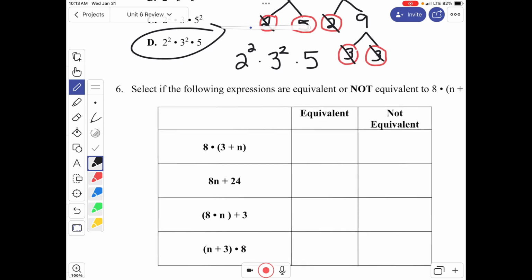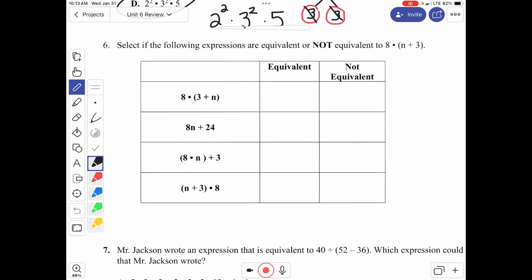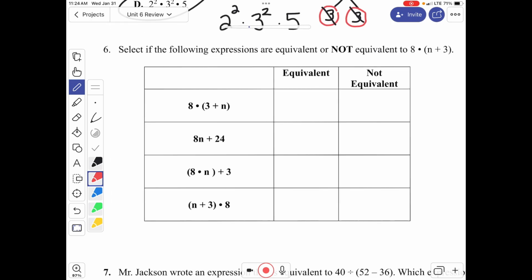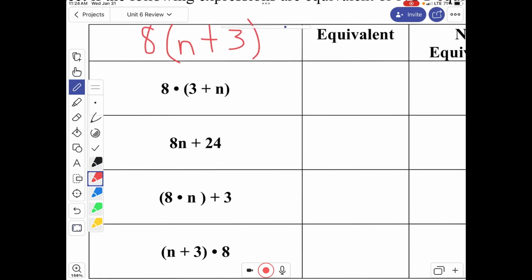Number 6. Select if the following expressions are equivalent or not equivalent to 8 times n plus 3. Now we're going to use the properties to find equivalent expressions. So on our beginning, we had this. And if we change the order of the 3 and the n, that would be the commutative property.